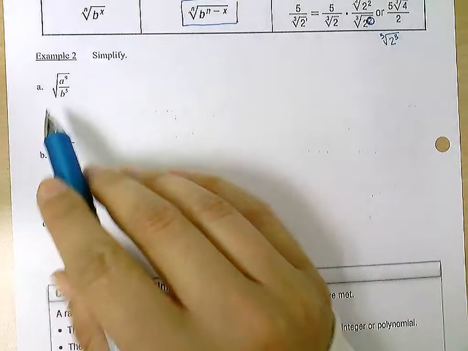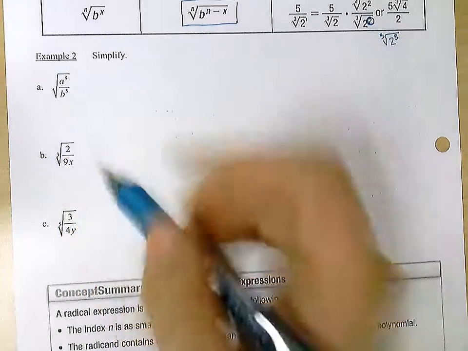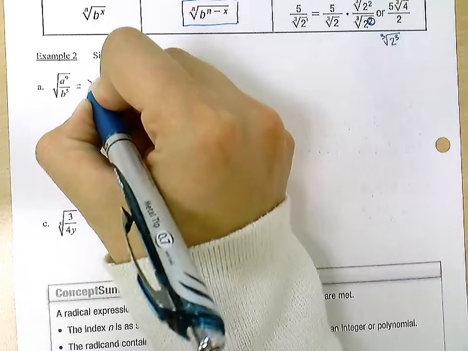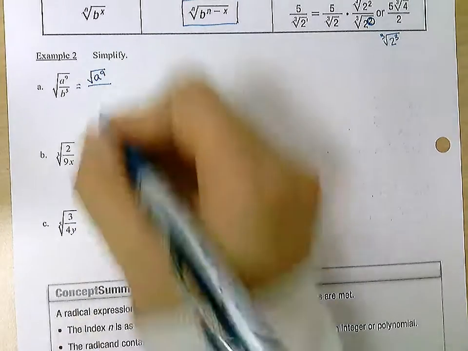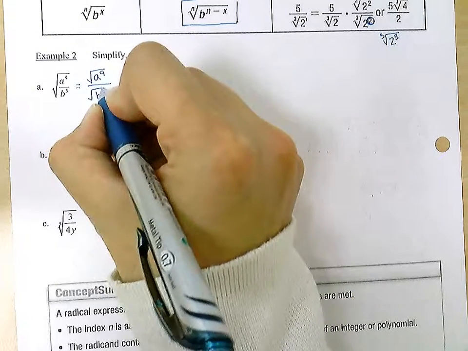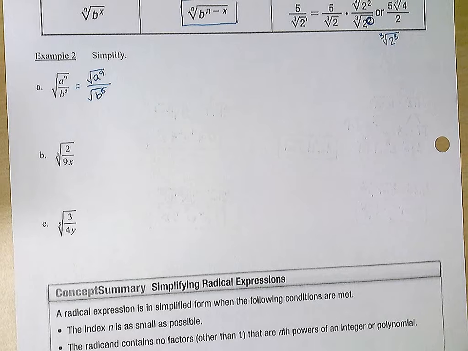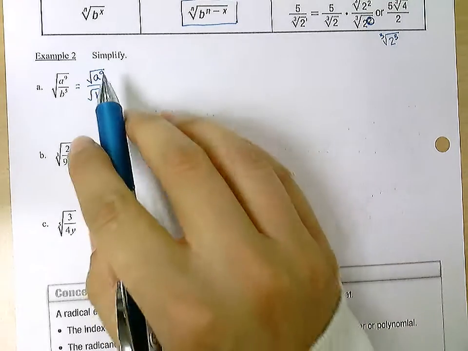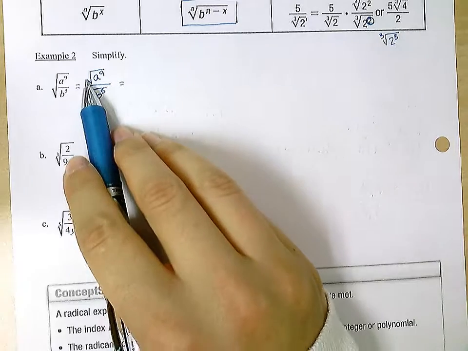So letter A, we have the square root of a to the 9th over b to the 5th. I'm going to change that. So I have the square root of a to the 9th over the square root of b to the 5th. Now I want to do what we did on the front. I'm going to simplify first. I can simplify both of these, right? So I have 9 divided by 2.